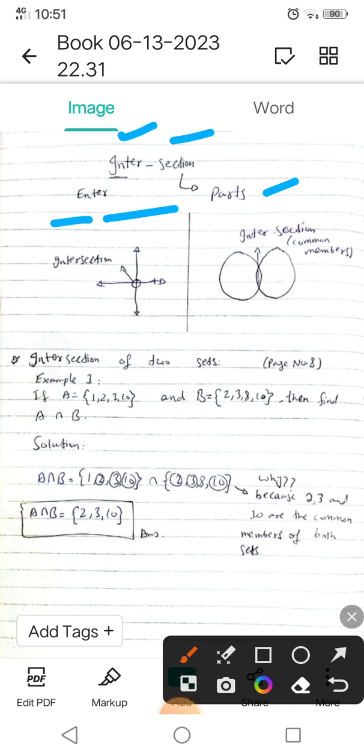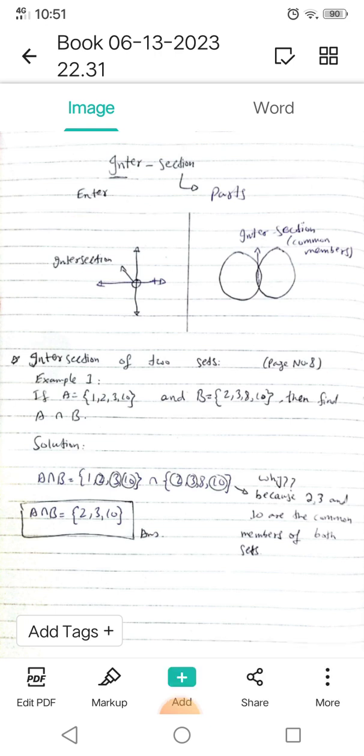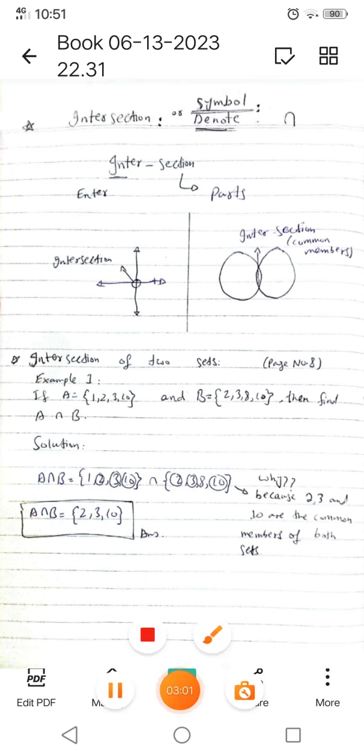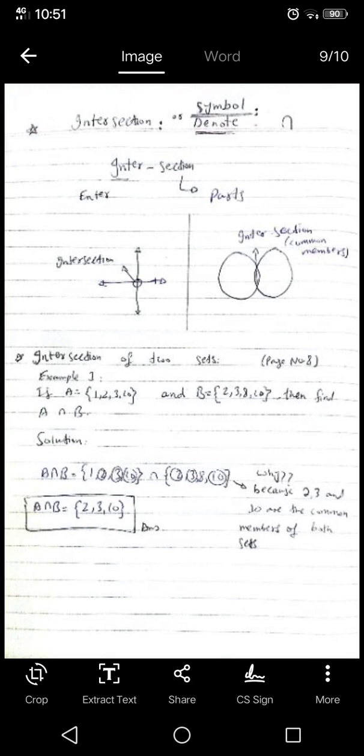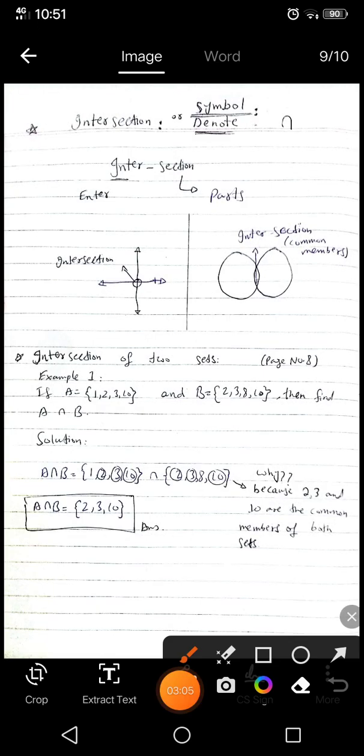So in mathematics, intersection means that if I make two lines, this is a geometrical point of view, and I have used geometrical points of view for making you understand. In this diagram you can see there are two lines which are crossing each other.